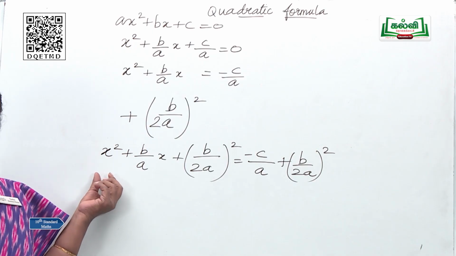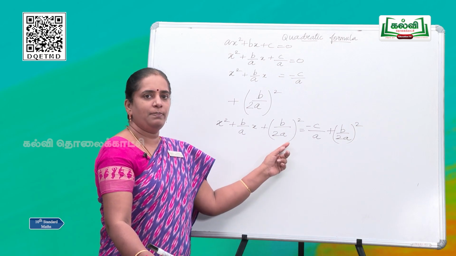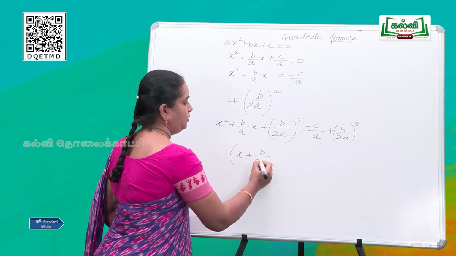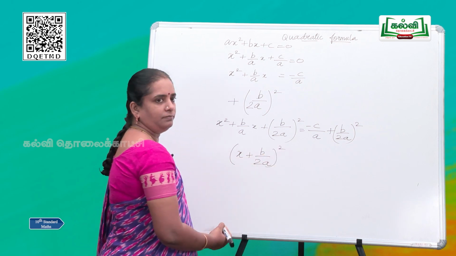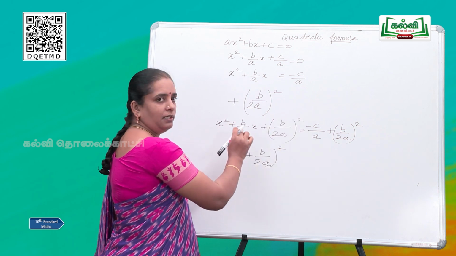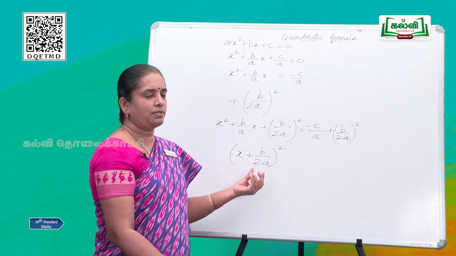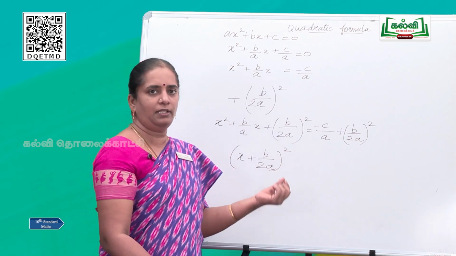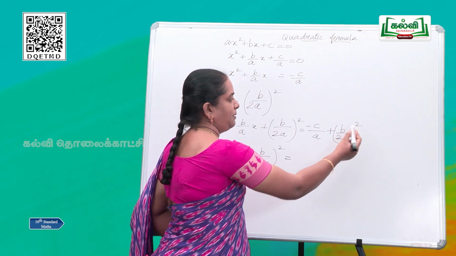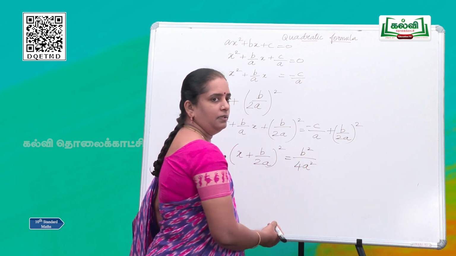So, look at this left side, it is a complete square, a square plus 2ab plus b square. So, we can write it as x plus b by 2a the whole square, because this is our b. So, b square, this is a square and here this is 2ab. So, left side becomes a plus b the whole square, which is x plus b by 2a the whole square. So, here in the step, if you square this, it becomes b square by 4a square.